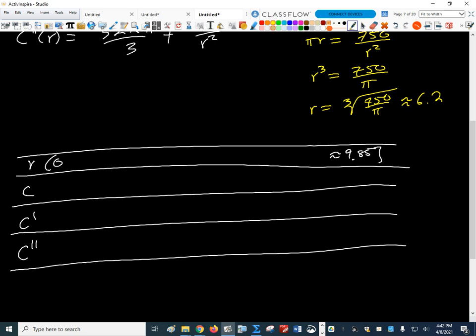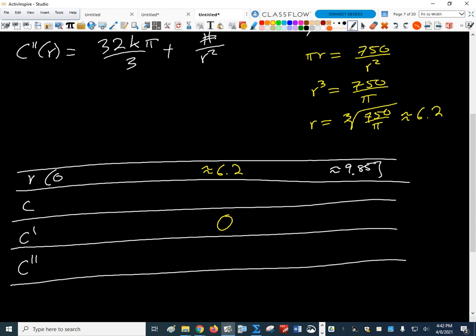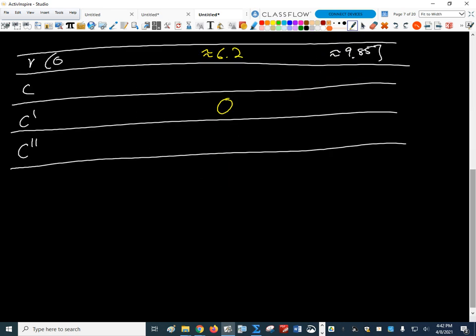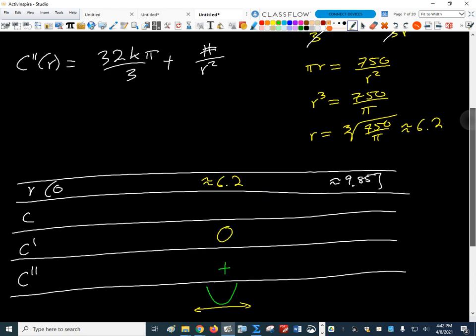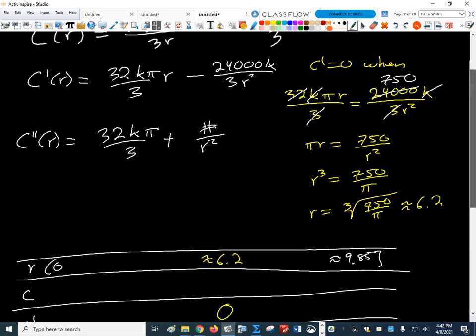I had one critical number, which was approximately 6.2. It was a 0 of the first derivative. We got a positive second derivative. And so this is a minimum. Found a minimum for cost when the radius is 6.2.